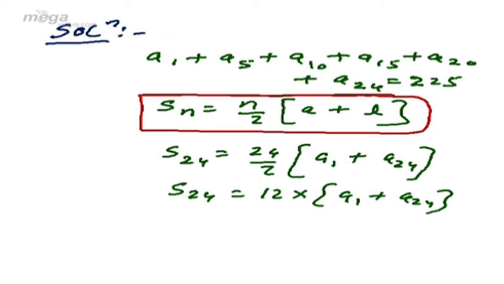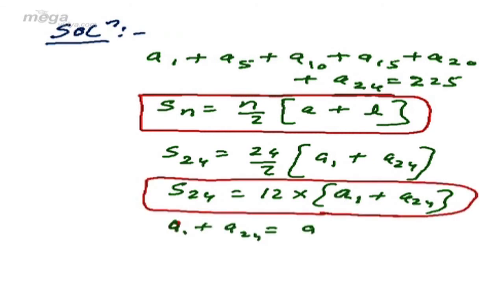You know already A1 plus A5 plus A10 plus A15 plus A20 plus A24 is 225. But according to property number 5, A1 plus A24 is equal to A5 plus A20 is equal to A10 plus A15.